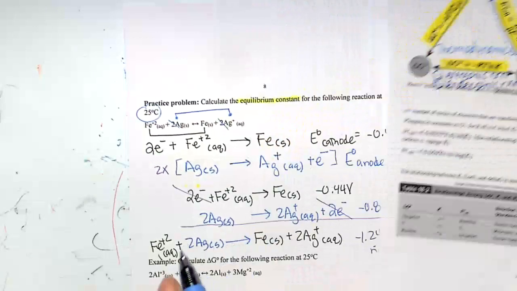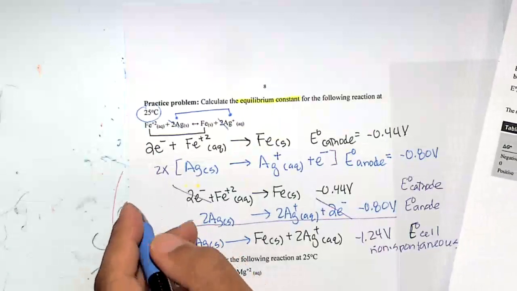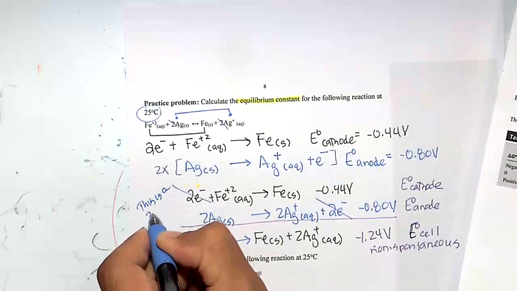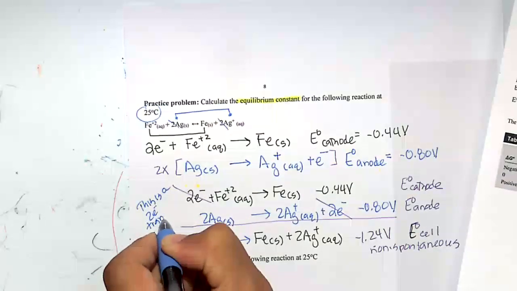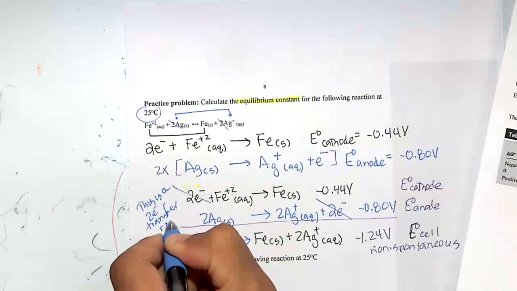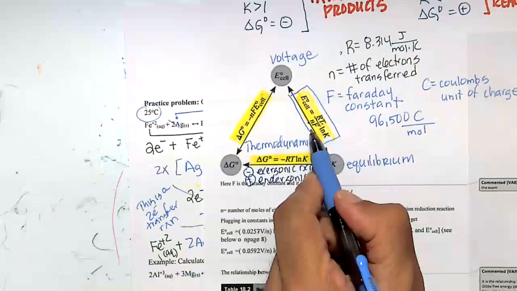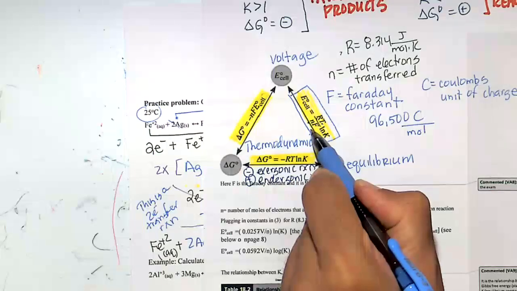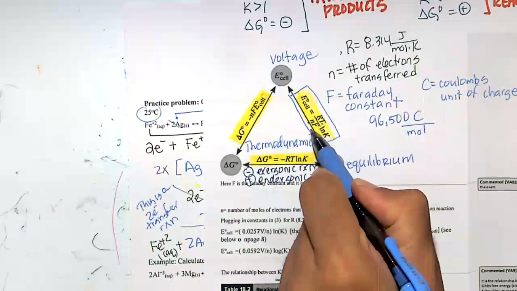How many electrons are being transferred? 2, so this is a 2 electron transfer reaction. Okay, and F is a constant. Okay, so this is the equation that we will use. All right. Okay, so let's use this equation.